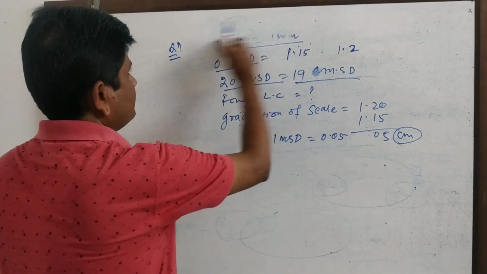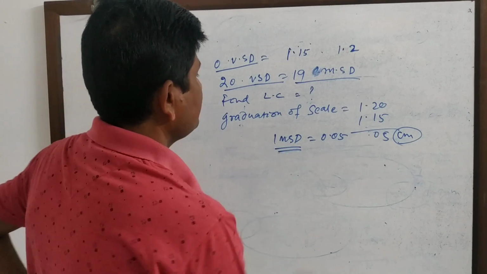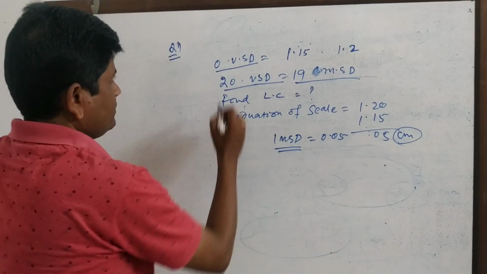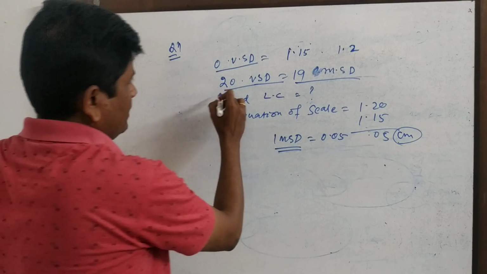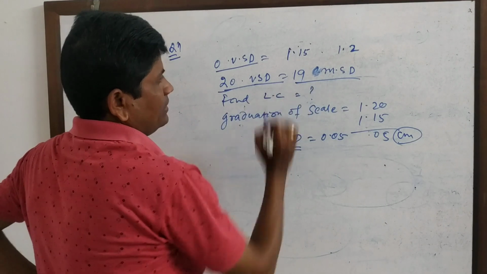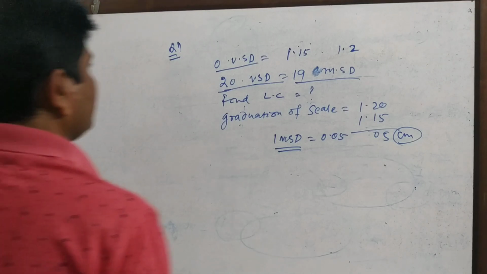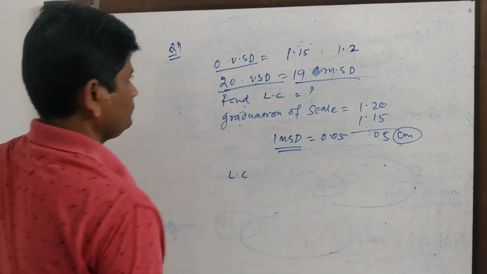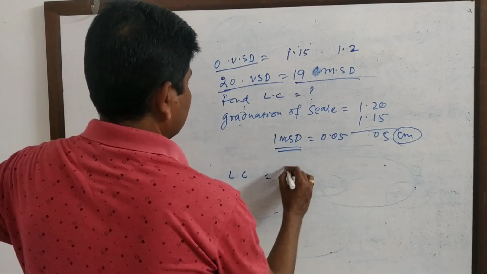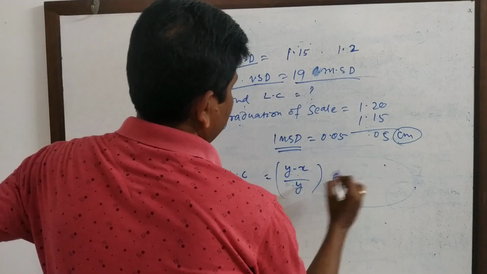Oh, this is not the case. We have to find 1 MSD is equal to 0.05. And 20 divisions of the Vernier scale is equal to 19 divisions of the main scale division. Then least count is equal to (y minus x) by y into a.